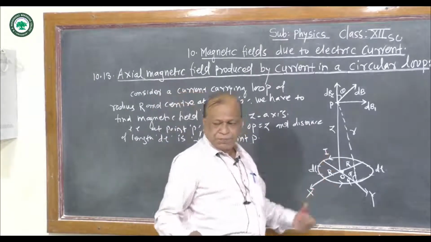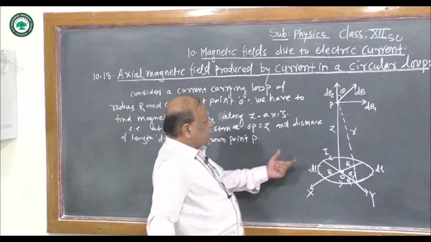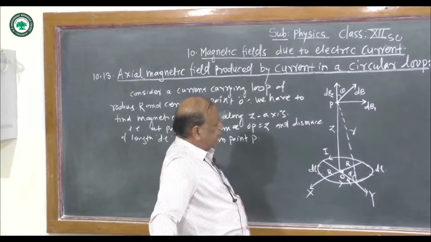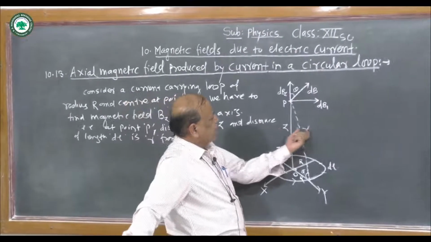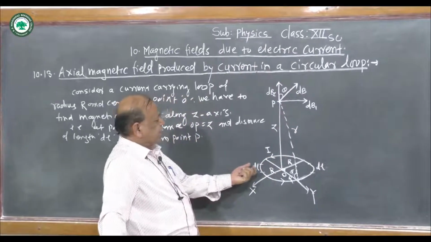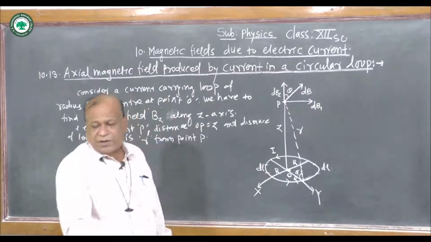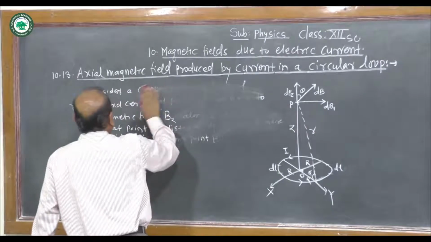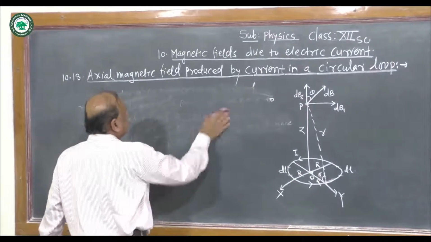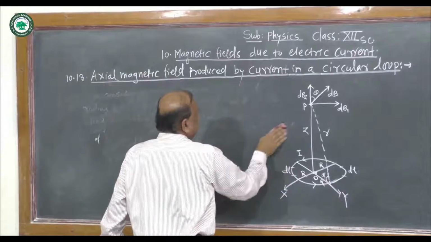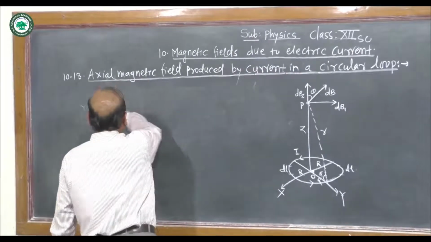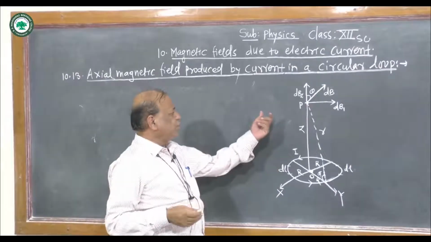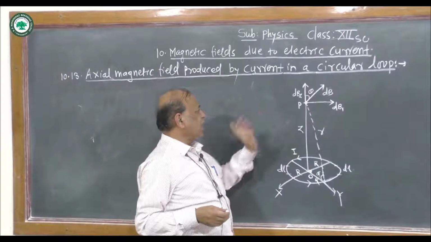Now this element dl and this vector r bar, that is dl bar cross r bar, both are perpendicular to the magnetic field at point P. And now consider that element here dl, which is at distance r.